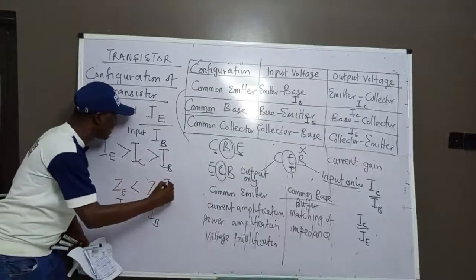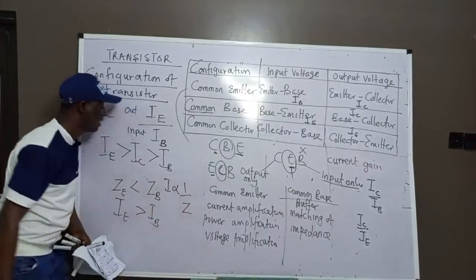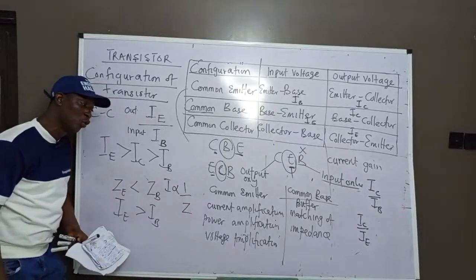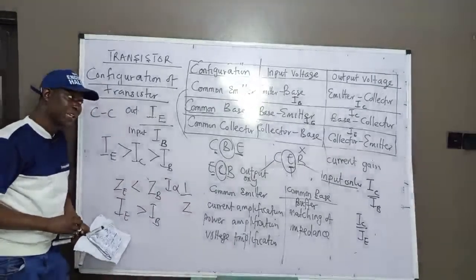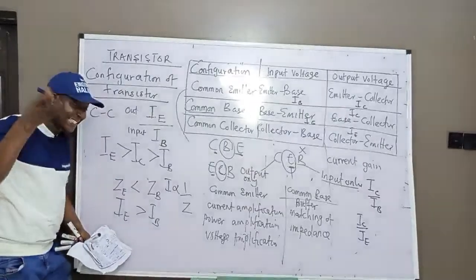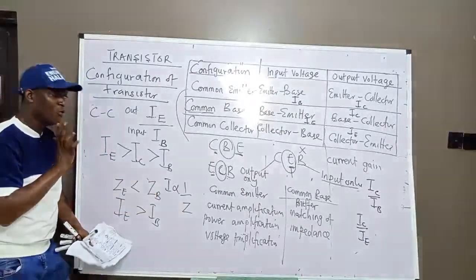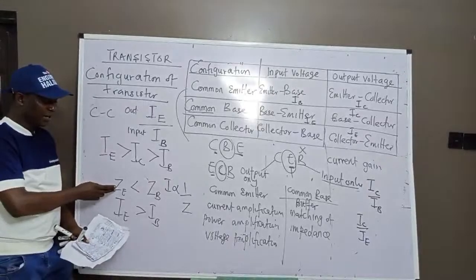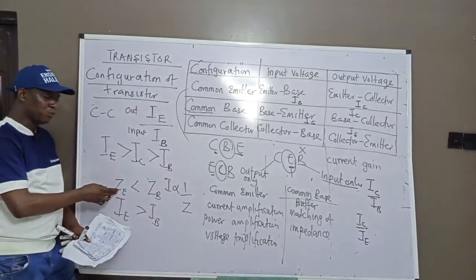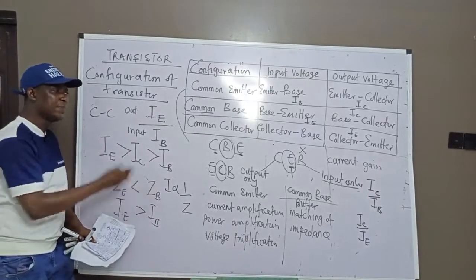Don't forget, current is inversely proportional to resistance. Impedance is a resistance. I don't believe you are hearing impedance for the first time; in AC, there is impedance. The impedance in the output is small compared to the input.